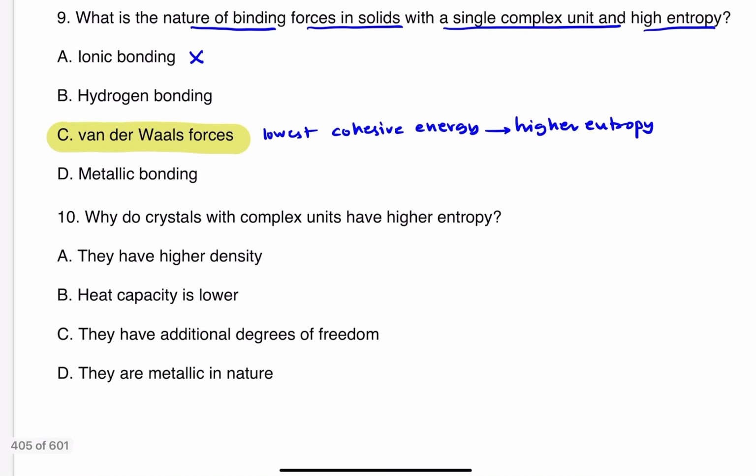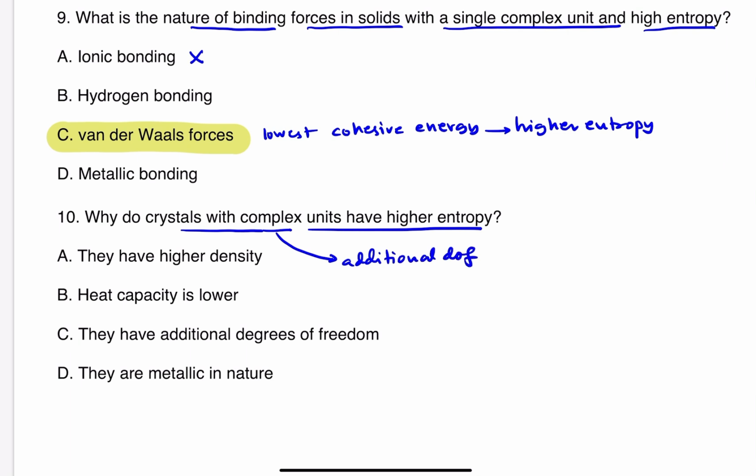Next is, why do crystals with complex units have higher entropy? If the unit is complex basically, then there will be more ways to store energy, or we can say it will have additional degrees of freedom, more complex, more degrees of freedom.